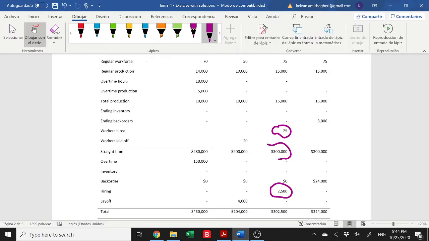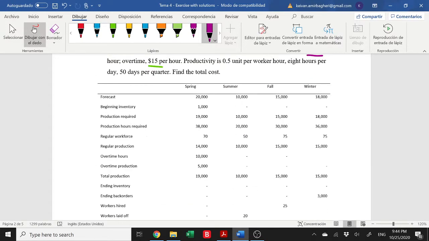And besides regular production, we don't have any other costs based on this part of the table. So the total cost for fall is $302,500.